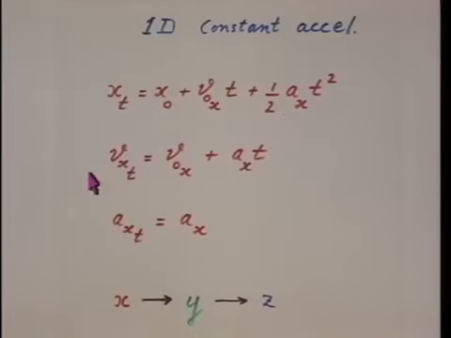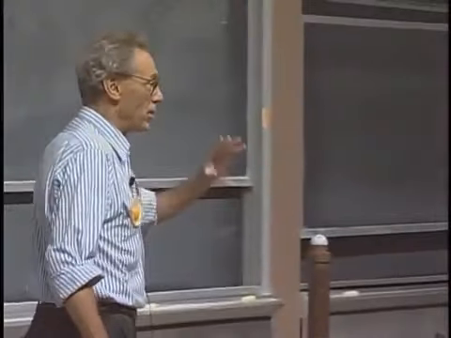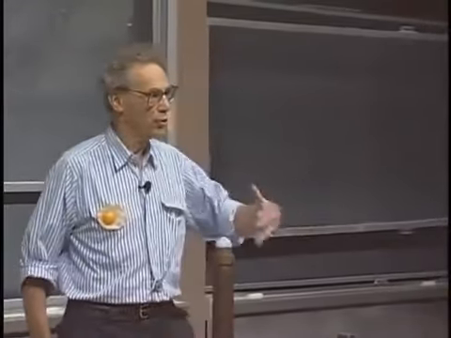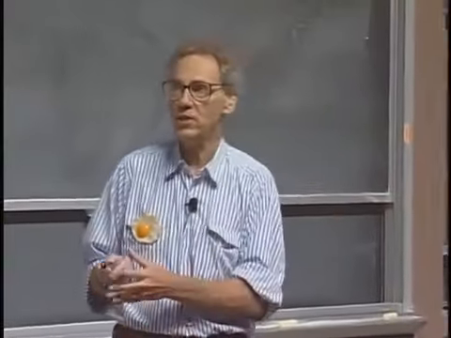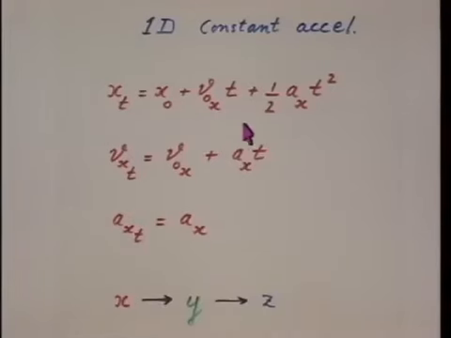The velocity immediately comes from taking the derivative of this function, and the acceleration comes from taking the derivative of this function. Now, if we have a motion which is more complicated, which reaches out to 2 or 3 dimensions, we can decompose the motion in 3 perpendicular axes, and you can replace every x here by a y, which gives you the entire behavior in the y direction, and if you want to know the behavior in the z direction, you replace every x here by z, and then you have decomposed the motion in 3 directions.